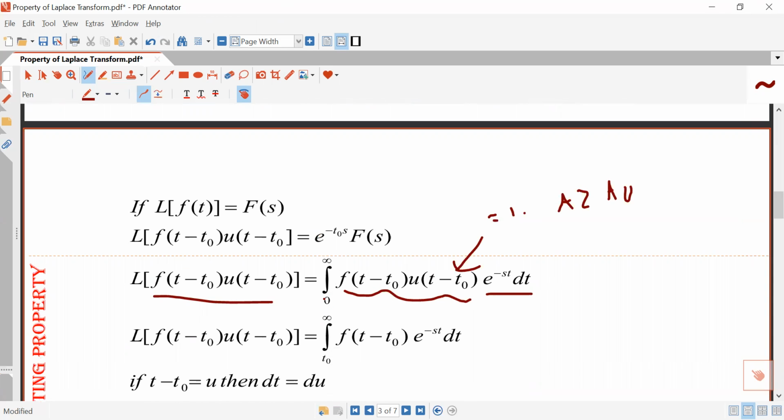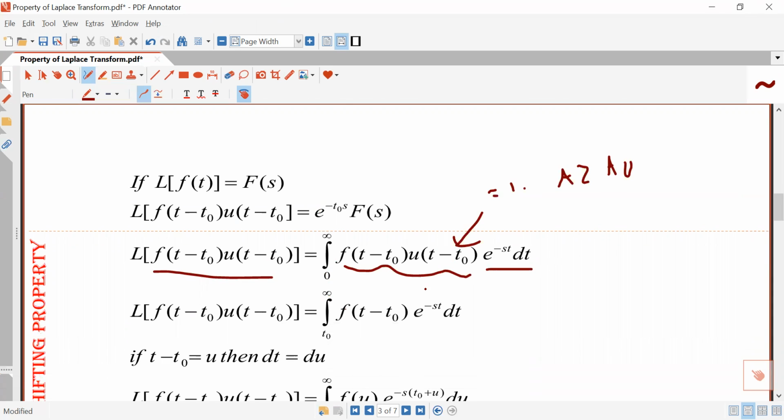So the limit of integration will change. Now the limit of integration will be t0 to infinity, because before t0 the value of u(t minus t0) will be 0. So you will start this integration from t0, and after t0 the u(t minus t0) will be equal to 1. So it will be f(t minus t0) e to the power minus st dt.